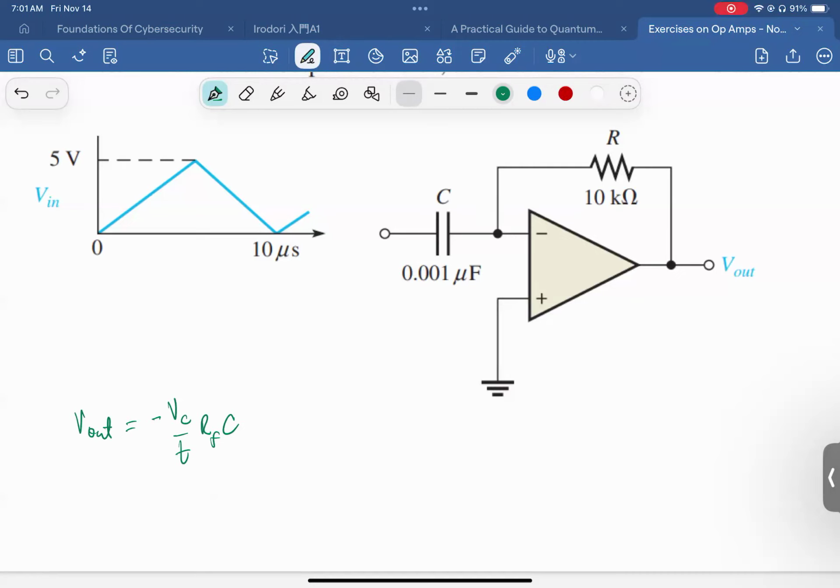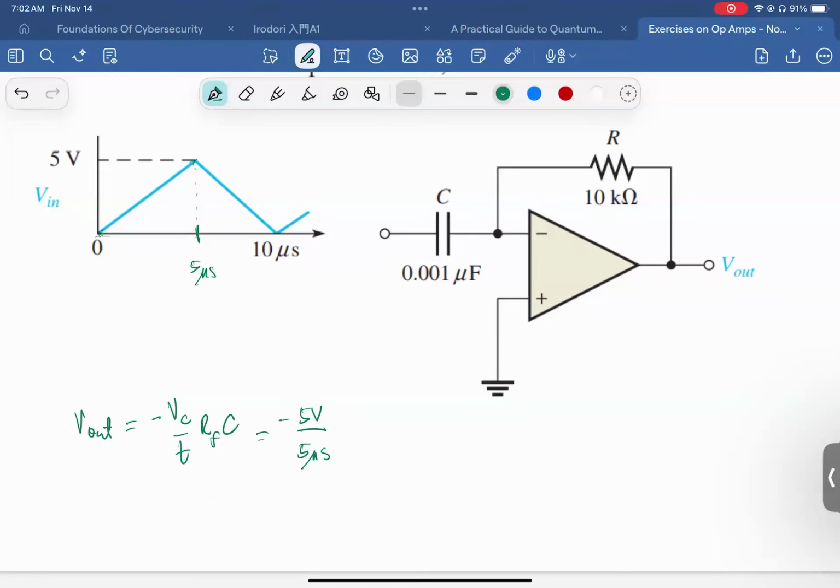So dito, nag-i-increase yung voltage from 0 to 5 in 5 microseconds. So pag nilagay natin dito na 5 volts, ang ilalagay natin dito ay 5 microseconds, kasi yun yung rate ng increase niya, from 0 to 5.